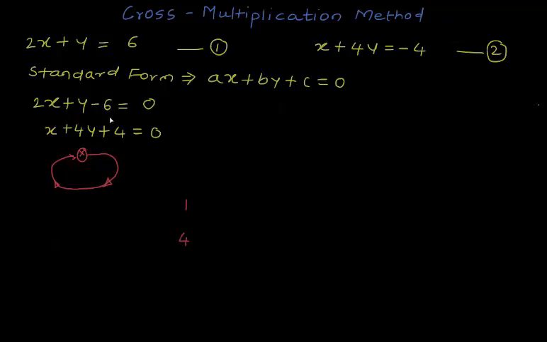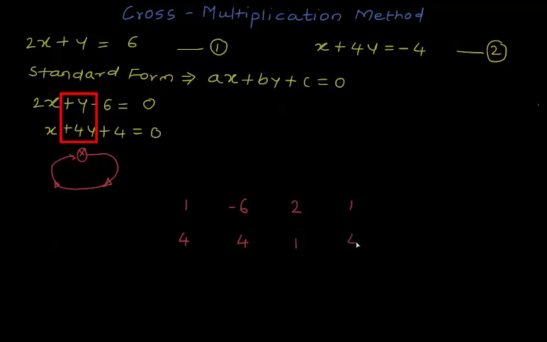Then the next term in the sequence is the constant term, which is minus 6 for the first equation, 4 for the second equation. Then moving clockwise, we'll get the coefficient of x. For the first equation, the coefficient is 2, and for the second equation, the coefficient of x is 1. And we have to end at y. So y has coefficients 1 and 4.